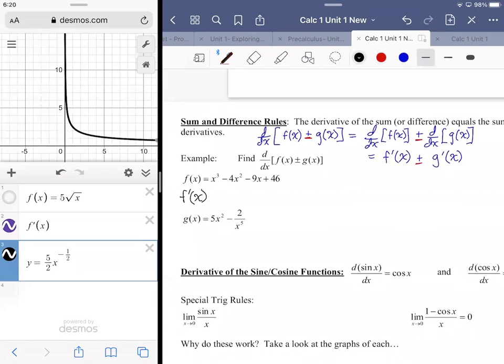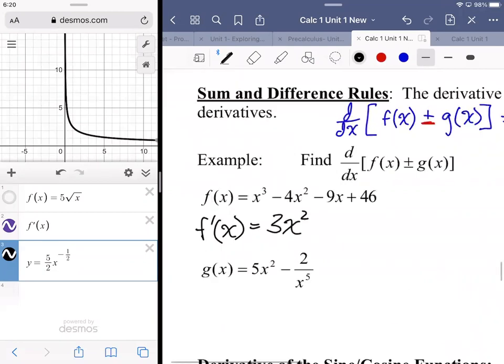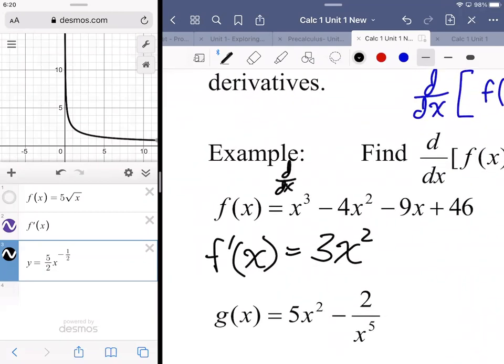F prime of x, 3x squared. And also there's kind of a subplot here in that this function f of x is also made up of sums and differences. So what this is telling me, and I don't want to go too crazy here, is that we could take the derivative of each of these things separately and so on, and then put it all together to make our f prime of x, right?